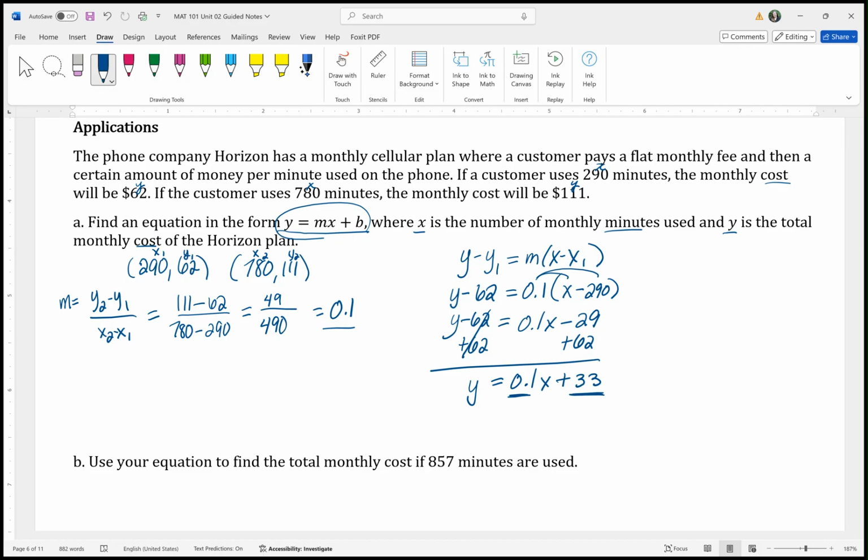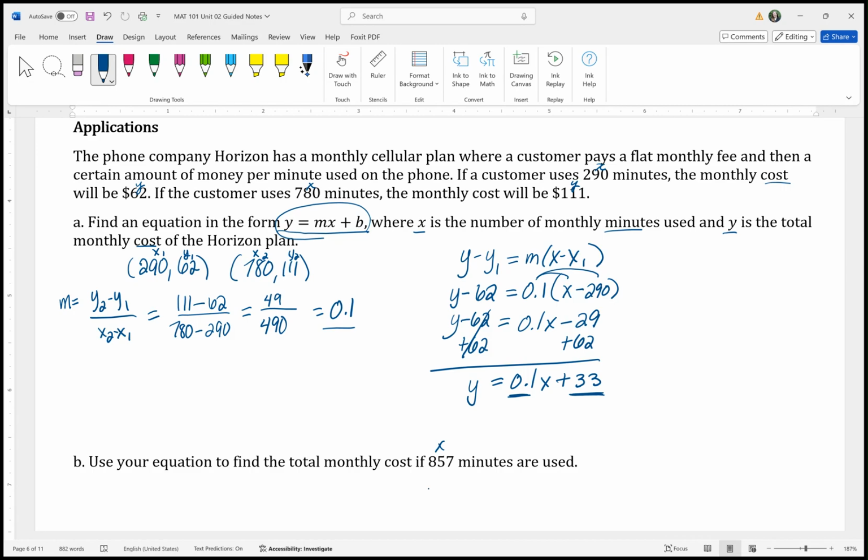Now that we've got this equation, we can move to part B. It says use your equation that you just found to find the total monthly cost if 857 minutes are used. Again, X is representing minutes, so this is another X value. Now that you found the equation, you can plug that X value into it.